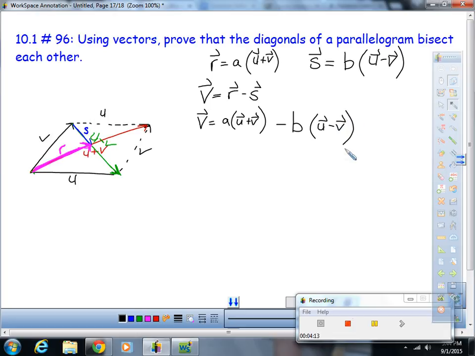Okay, we're going to distribute. That's a scalar times a vector, so that's still a vector, minus.